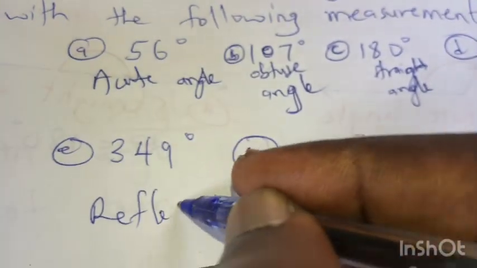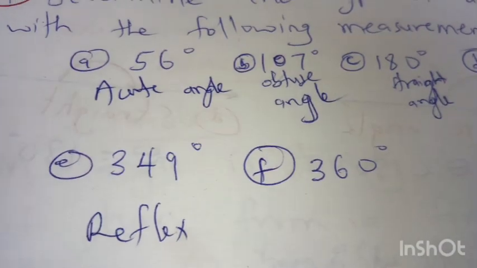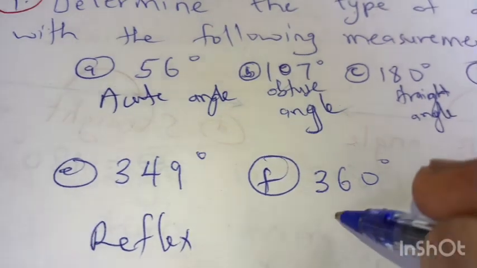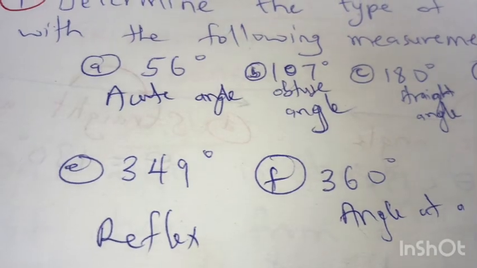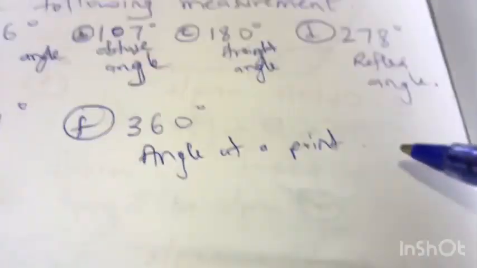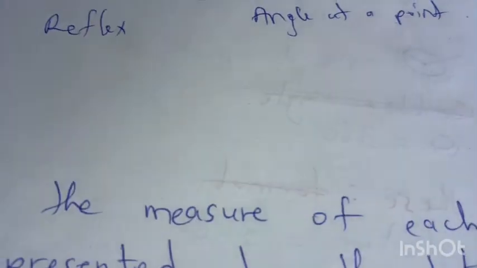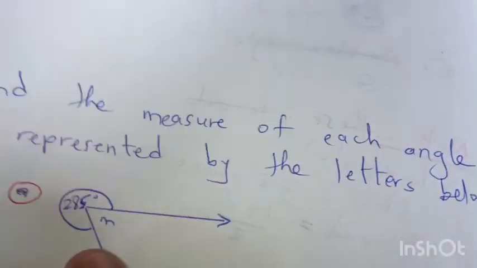So this one is also a reflex angle. Then 360, as we said, is called an angle at a point, which is equal to the total angle of a circle.